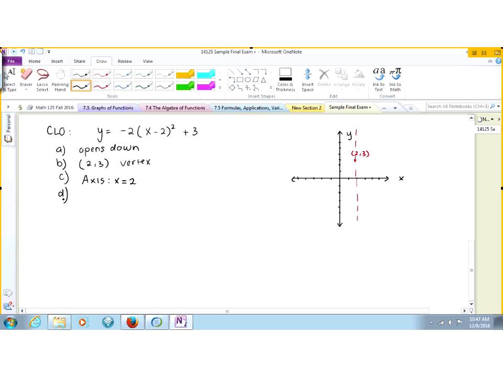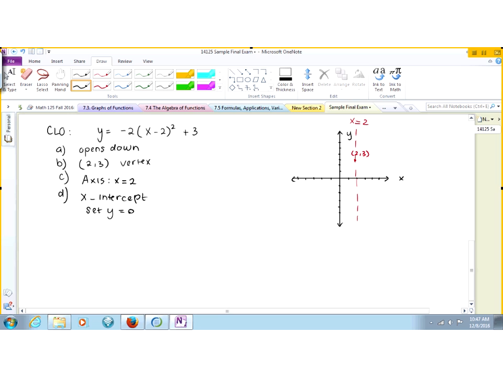Now, D, we are going to find x-intercept and y-intercept. So how do we find x-intercept? So this one might not be a good number, but we will do it anyway. How do we find x-intercept? Put in 0 for y, right? So set y equals to 0, isn't it?